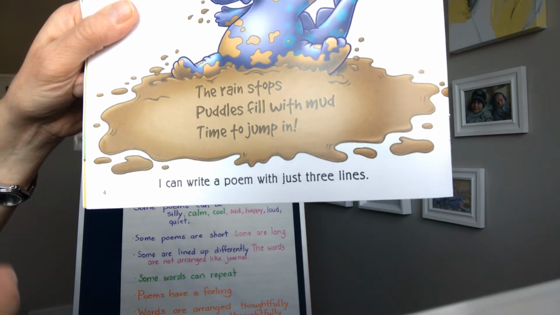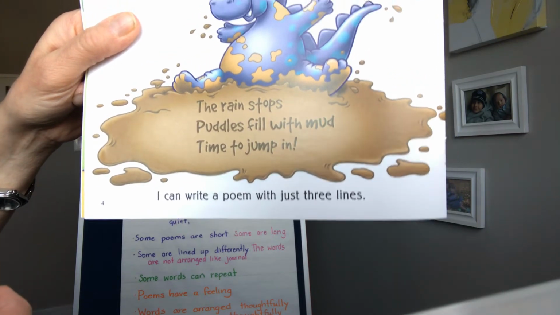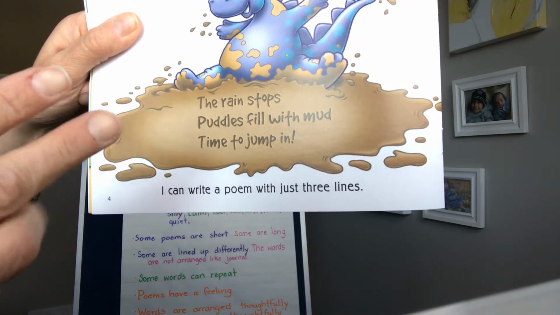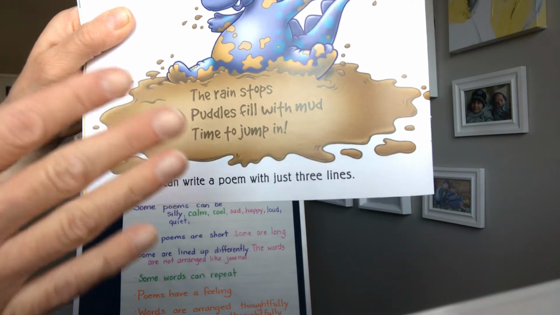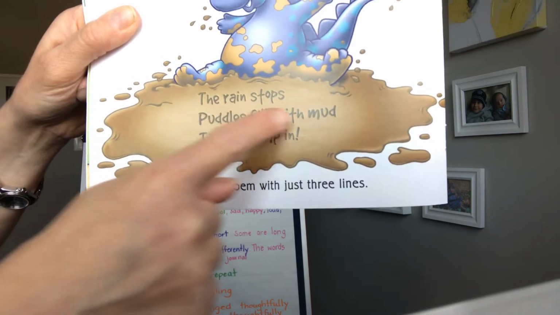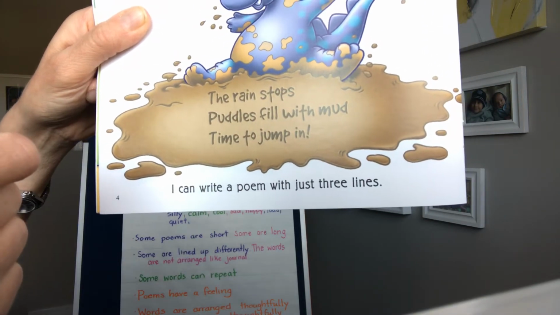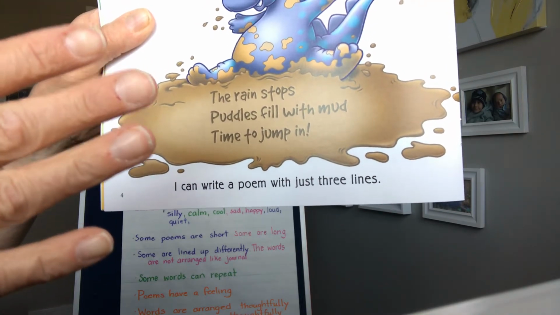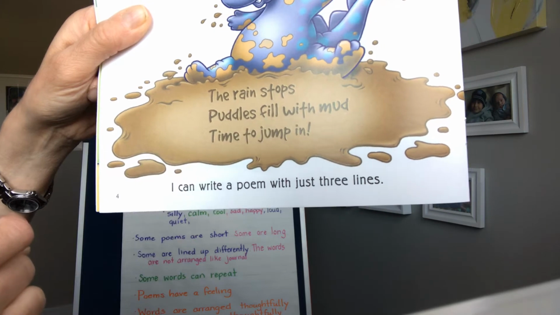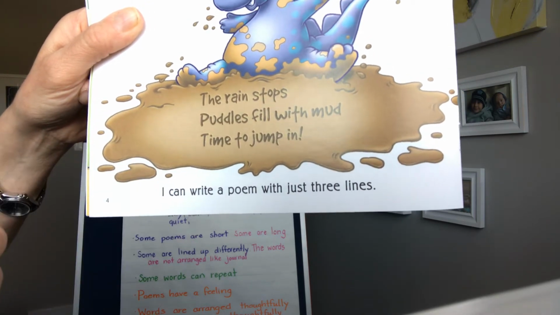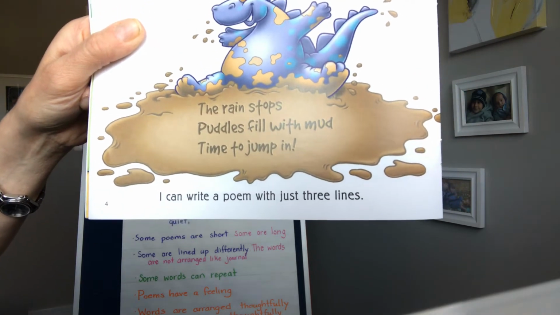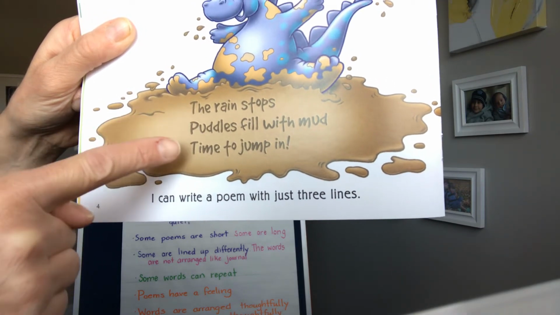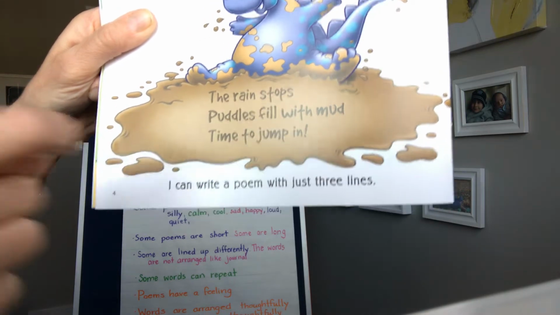The rain stops. That has 3 claps. Puddles fill with mud. That line has 5 claps. Time to jump in. That line has 4 claps. So this poem is arranged by how many claps or syllables are in each line. 3, 5, and 4.